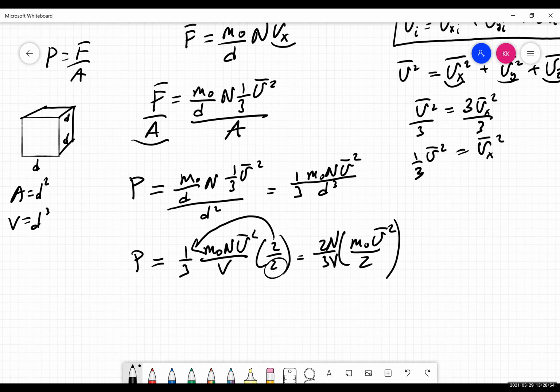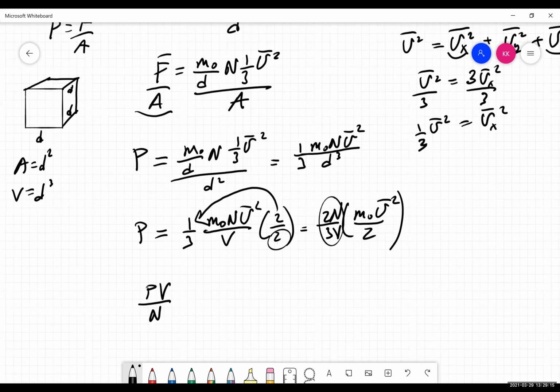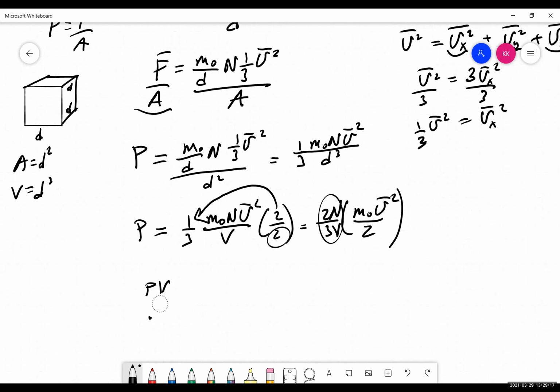But let's still look at what we have. On the left side, I have the pressure, but I'm going to cross multiply where I move those things to the left. So then I have P times V over N. And actually, let me move just V and keep the N over here.